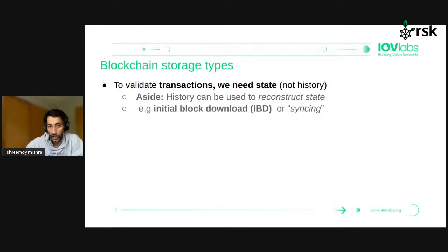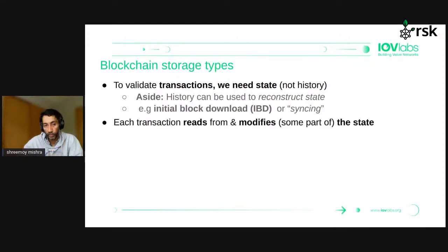And this is the reason why when someone starts up a blockchain node the first time, it takes so long to sync. We have to download the history first and then replay the entire history to arrive at the current state. Okay. So that's the distinction between state, which is a snapshot, and history, which is a collection of everything that has happened in the past, starting from the Genesis block.